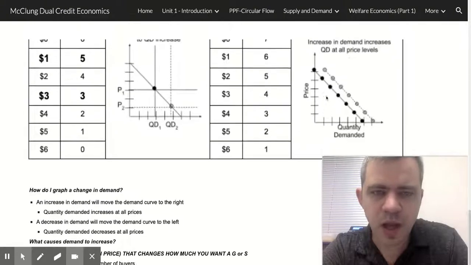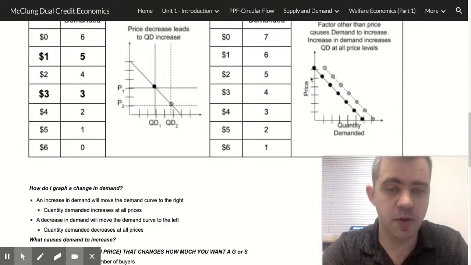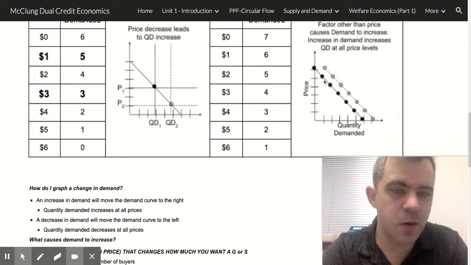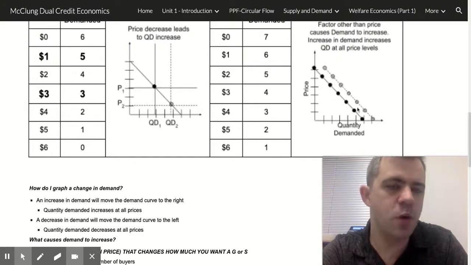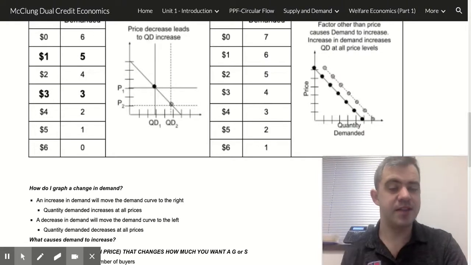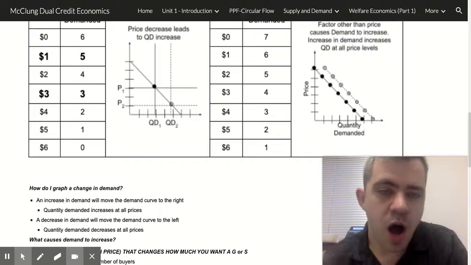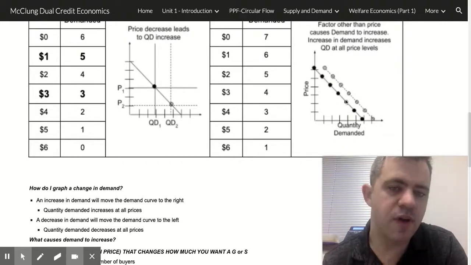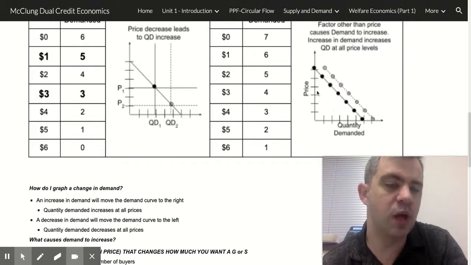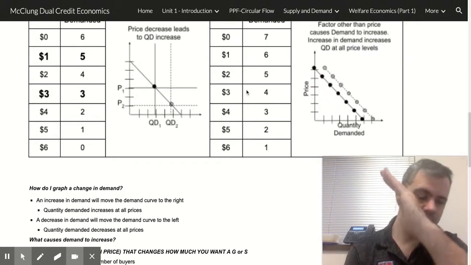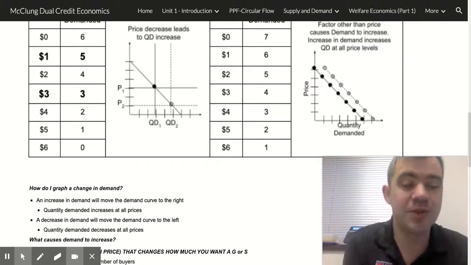So let me show you what this looks like on the graph. If demand increases, then we go from this guy right here to increasing the quantity demanded at each price. That is a shift to the right. Alternatively, if at every given price we lower the quantity demanded, that is a shift to the left.